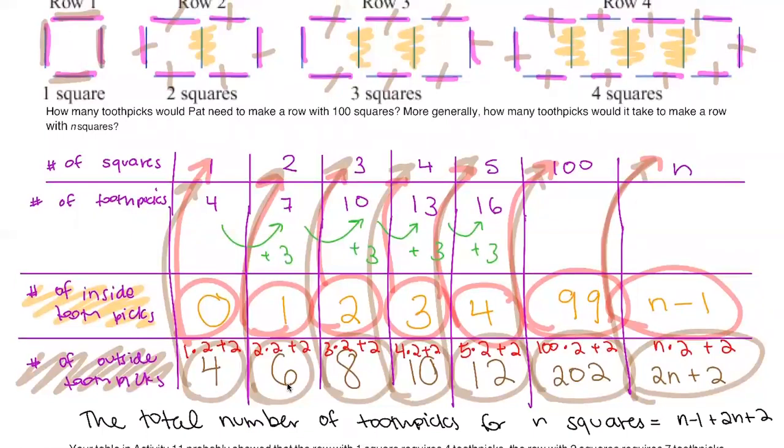We could combine it, but n minus 1 is my inside toothpicks, and 2n plus 2 is my outside toothpicks.